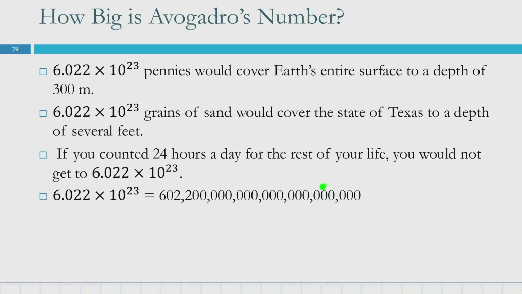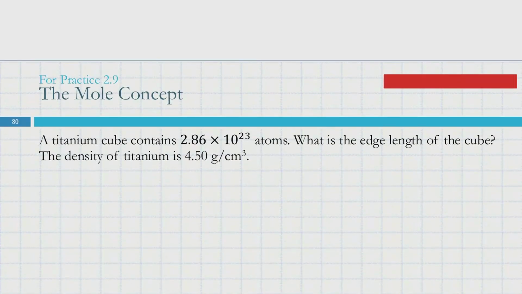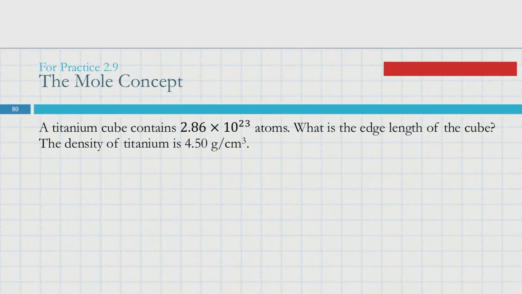We'd have thousands, millions, billions, trillions, quadrillions. I think the next one would be quintillions, and then sextillions, I think is what comes after that. So, very large. Hopefully that's coming across.